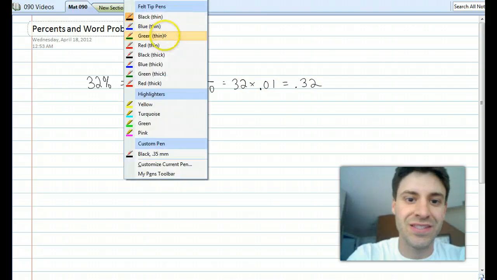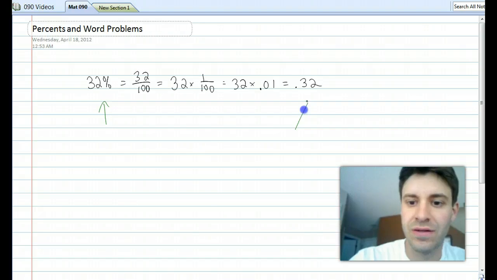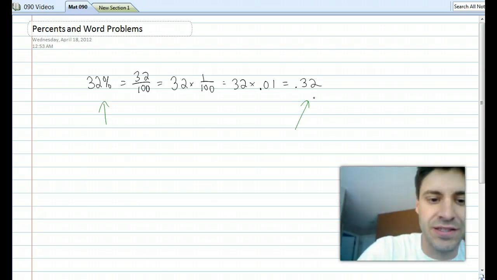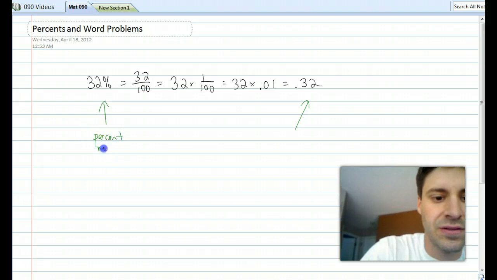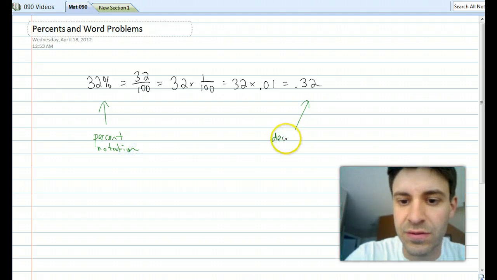Now the two things on this list that we're really concerned about are this number here and this number here. 32% is called percent notation. And 0.32 is called decimal notation.